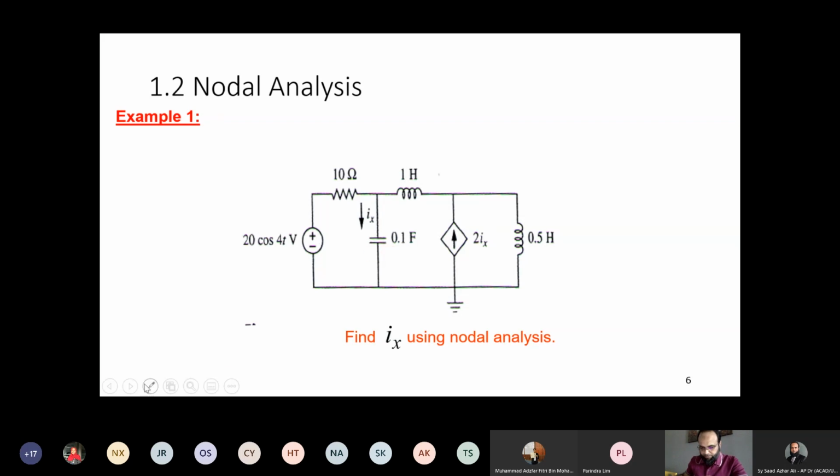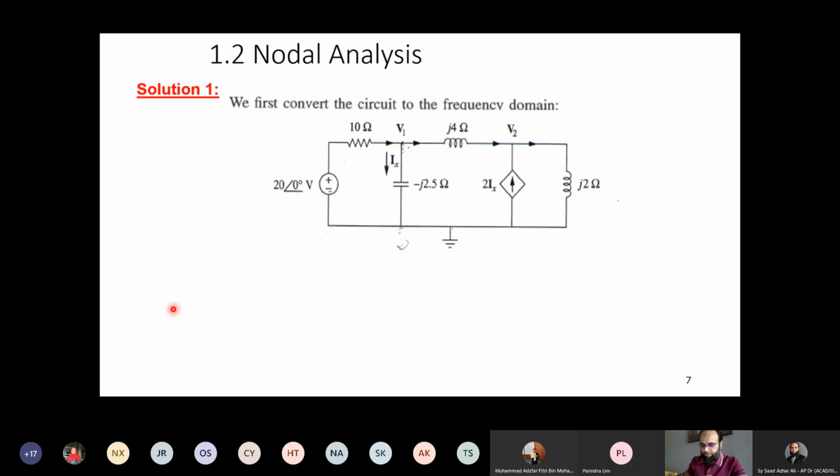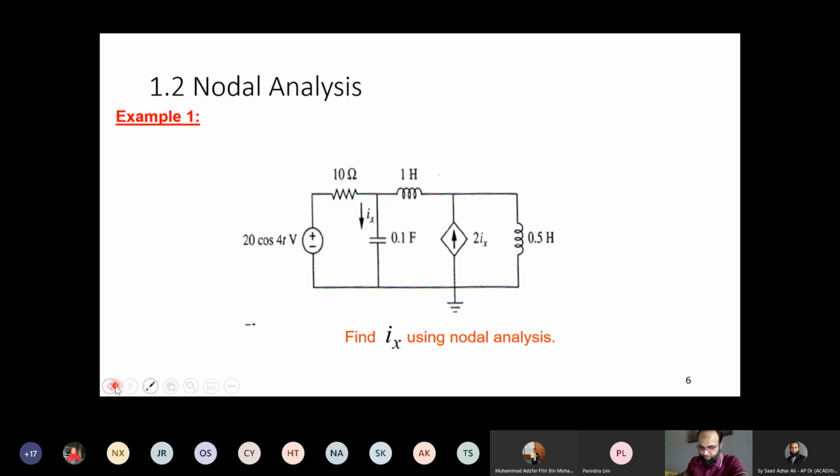All right, so let's do this circuit. I'm using my pen here. We can see that there's this node V1 and V2, and there's a controlled source which depends upon this particular current. So what we have done here is first of all convert the circuit into the frequency domain.